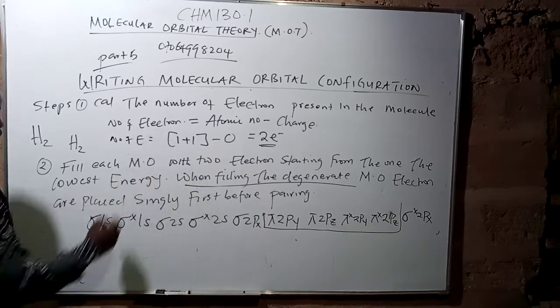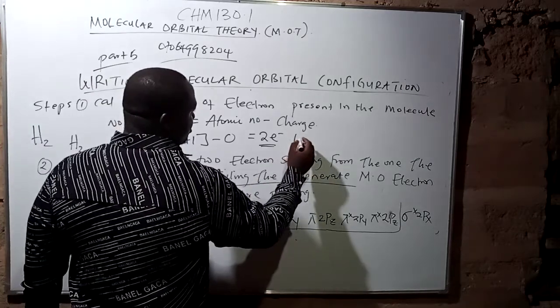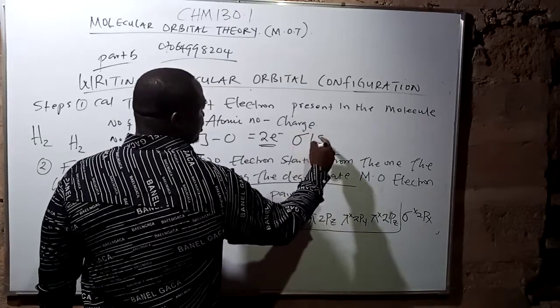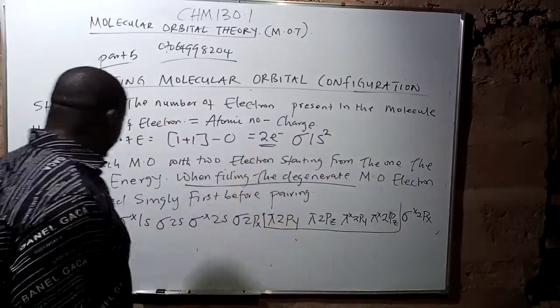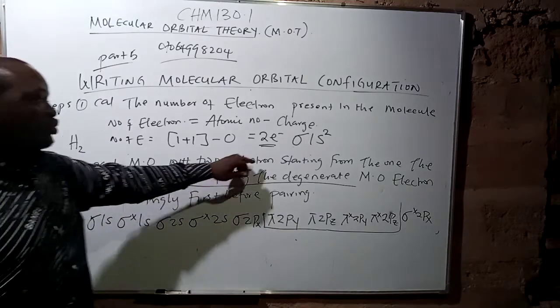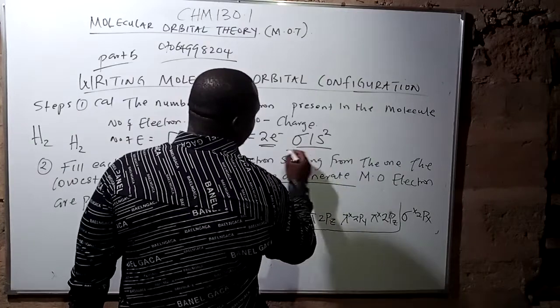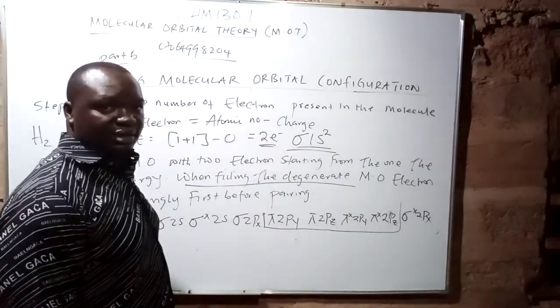So the molecular electronic configuration for hydrogen is just 1 sigma 1s, then of course we put 2. And that's the total. You cannot proceed to antibonding, because the total number of electrons is 2. So the electronic configuration for hydrogen is just this. This is just the answer.